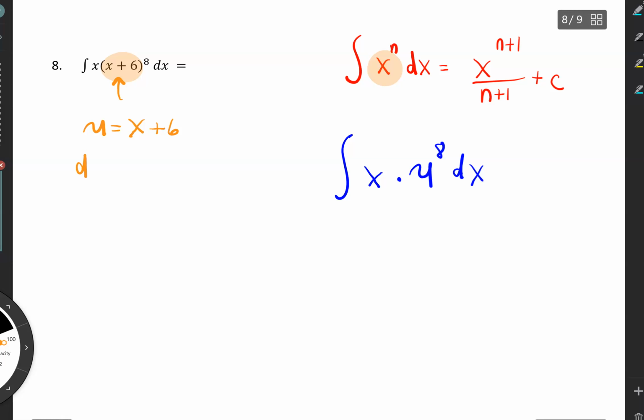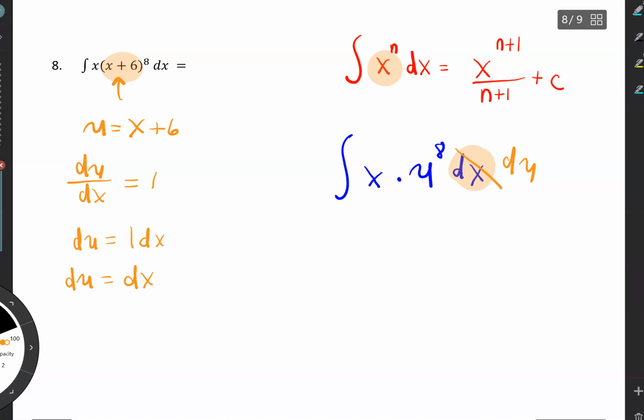And then you're like, okay, I even took the derivative of the u. So I did all of this. And then I saw, okay, du swaps out for dx. Great. I come over here to my dx. I swap that out for my du. Okay, and then I have x u to the 8th du. And then you're like, what?